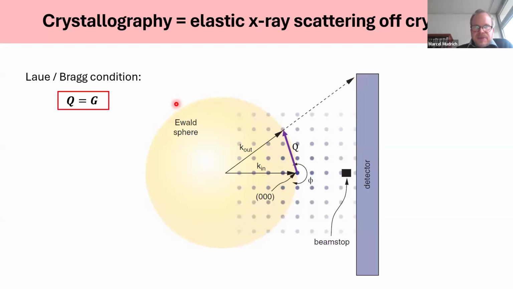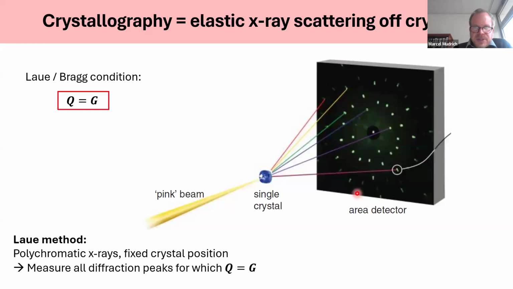This connects the concept of the Ewald sphere in reciprocal space, which is maybe a bit abstract if you're not so familiar with it, right with the experiment where the X-ray beam shines on the crystal and we detect the intensity pattern on a detector plane. This is exactly what you measure when an incident beam hits the crystal target.